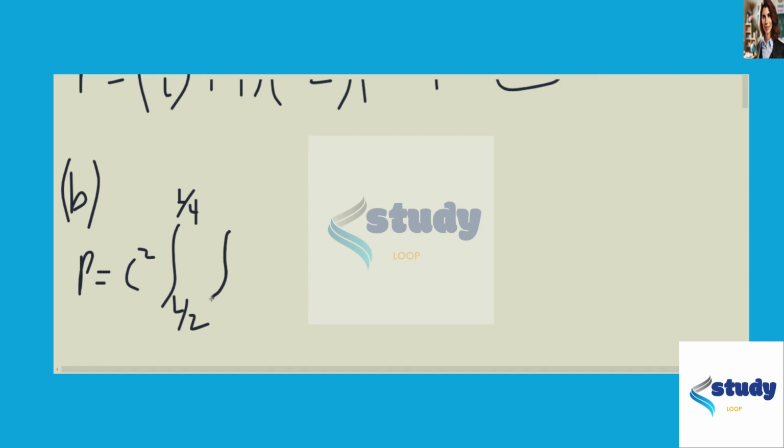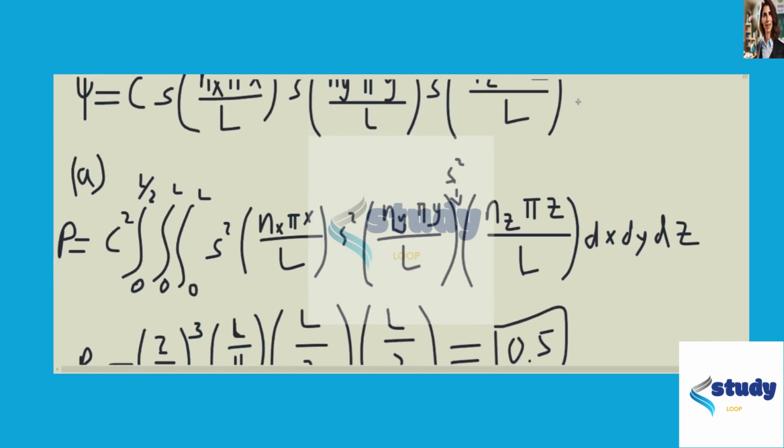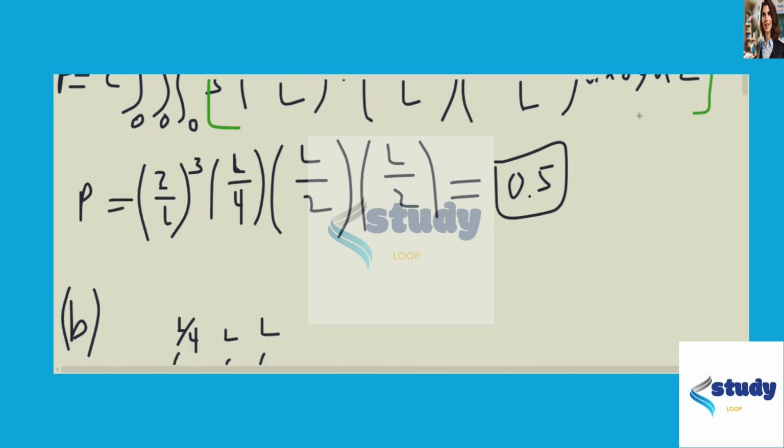For y, we are integrating from 0 to L, and for z from 0 to L. And that which we are integrating over stays the same. So instead of having to rewrite the entire thing, let's just put it in a green box. So this green box here is going to go down here, and it's going to be the same here.